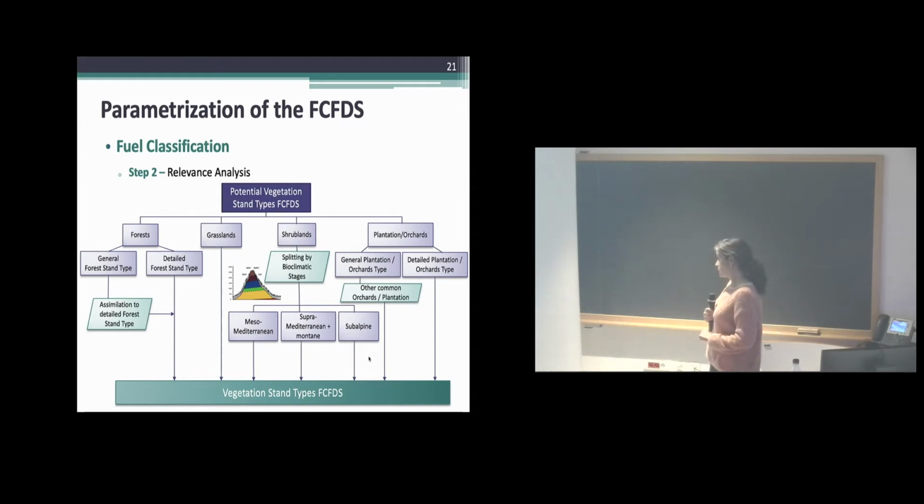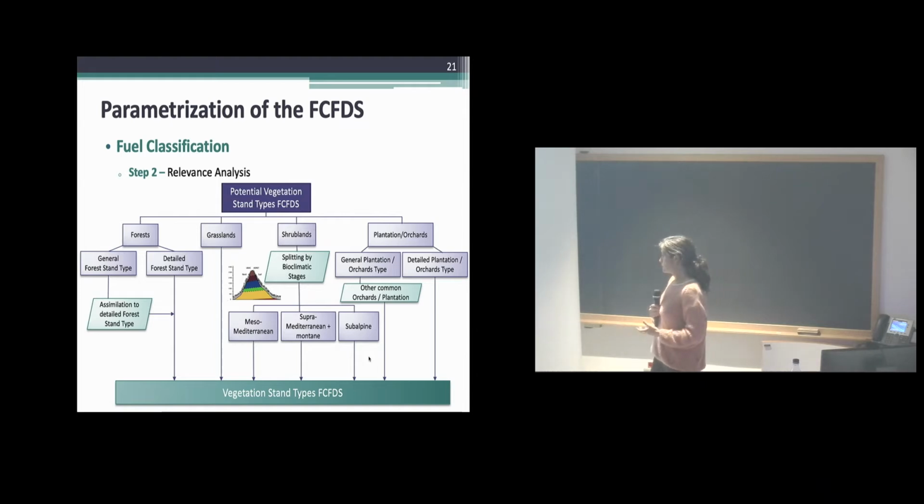Moreover, we performed a relevance analysis because, as I said, we sometimes have a general description. For example, we have a closed deciduous forest, but if we have to apply this layering approach, it's quite difficult. So we assimilate this type of general forest to the type more typically observed in Corsica.